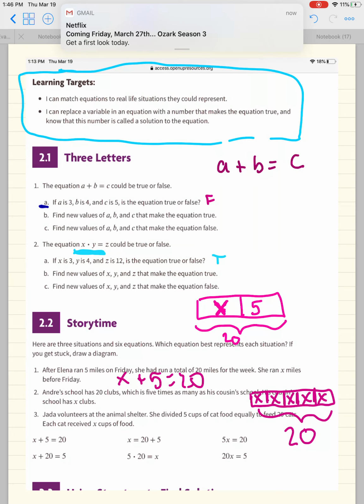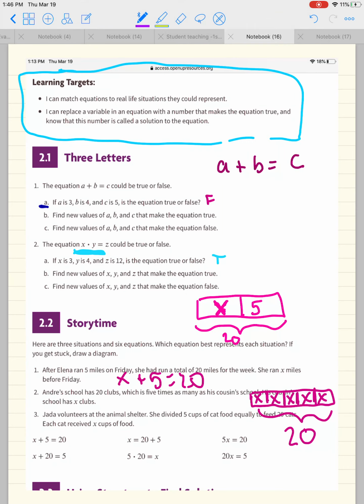So if I'm repeating x 5 times, it is the same thing as doing 5 times x, which can be written in different forms. I use this dot here to represent multiplication because if I tried to use this multiplication symbol and then an x, we would be very confused.